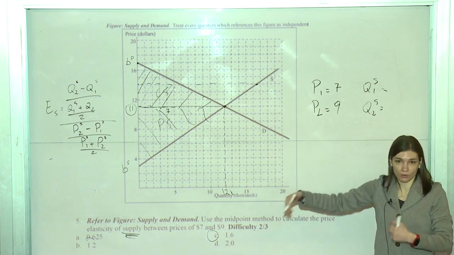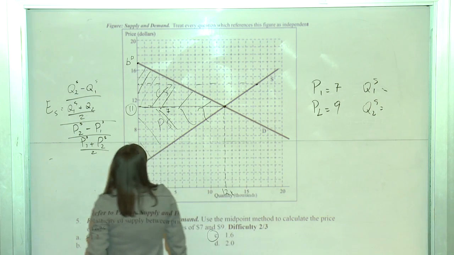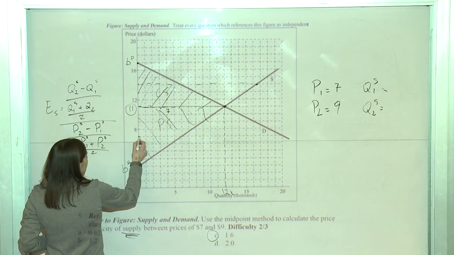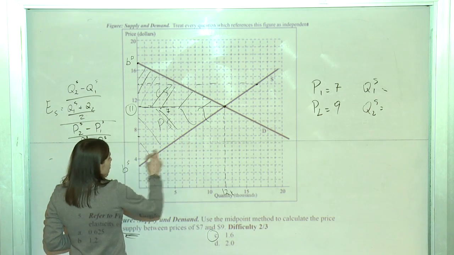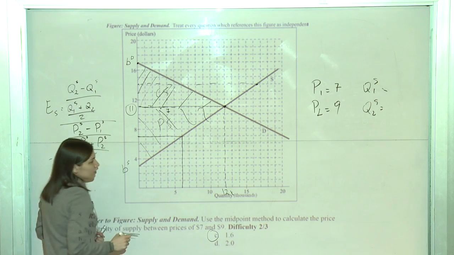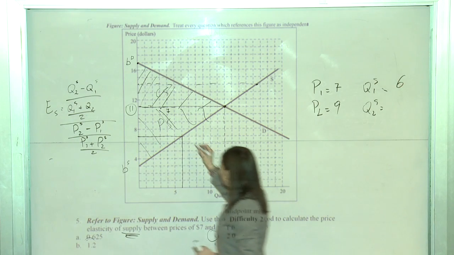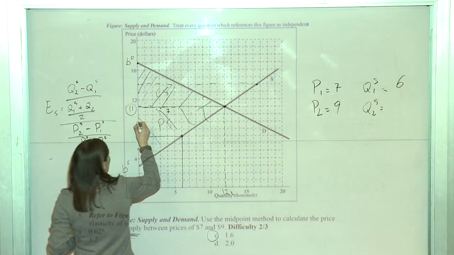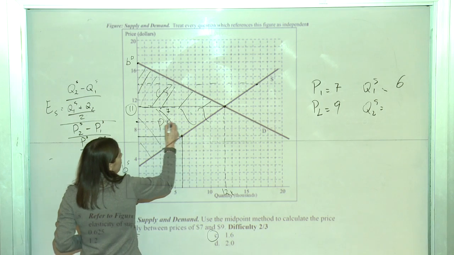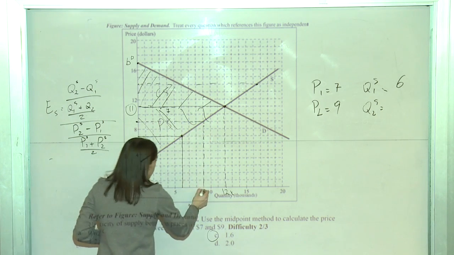Because the answer would be different if you're looking at the demand. All right, let me find this. So at a price of 7, which is here, the quantity supplied is going to be 6. And at a price of 9, which is there, the quantity supplied would be 9.